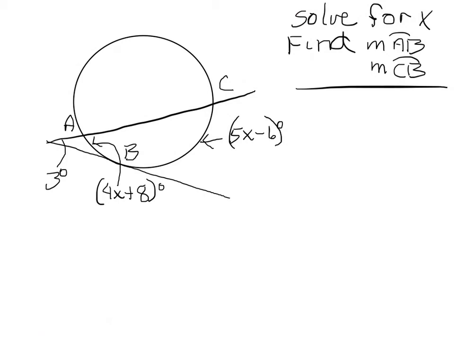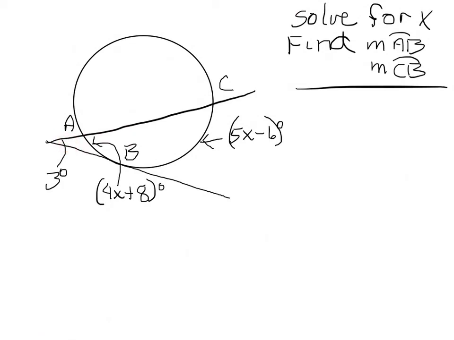Now I'm back, and let's look at what you did. So my expectation is that you would have applied the theorem, because I have a secant line and a tangent line that form an exterior angle here.